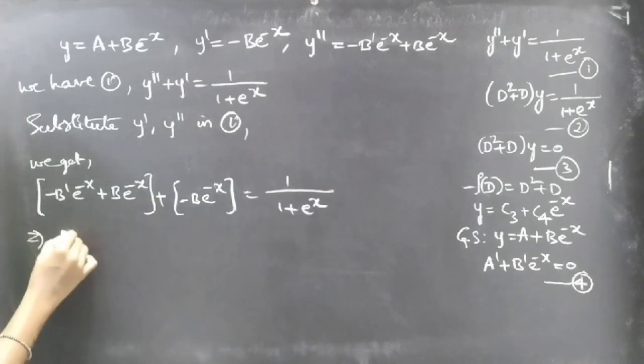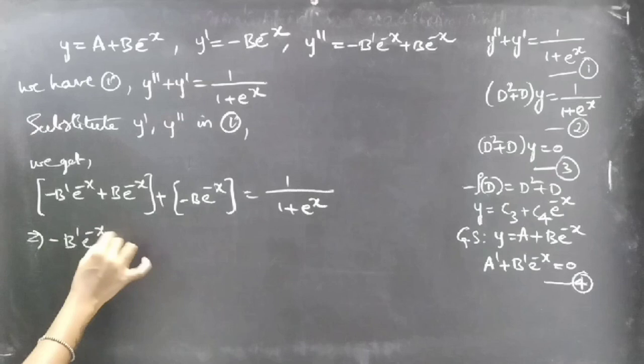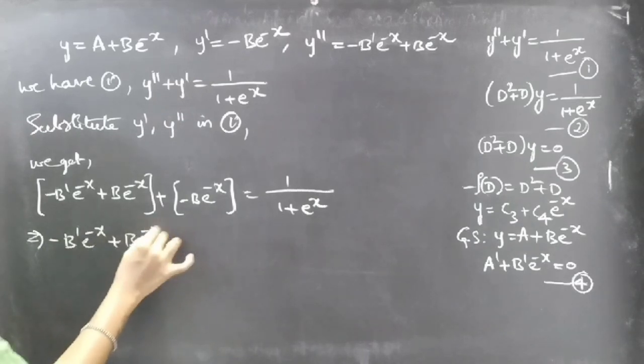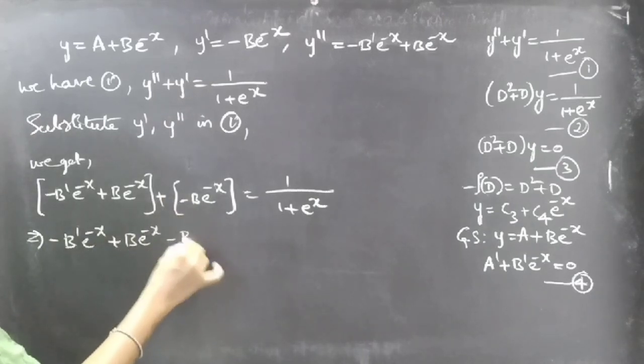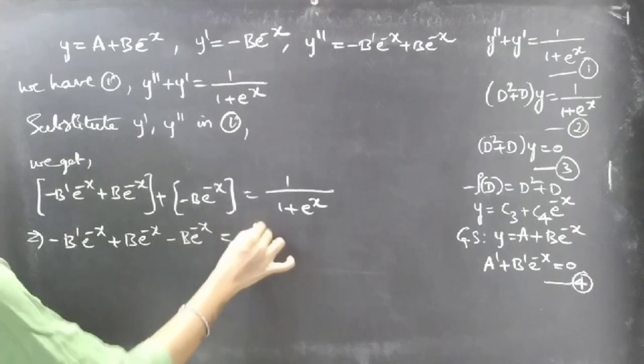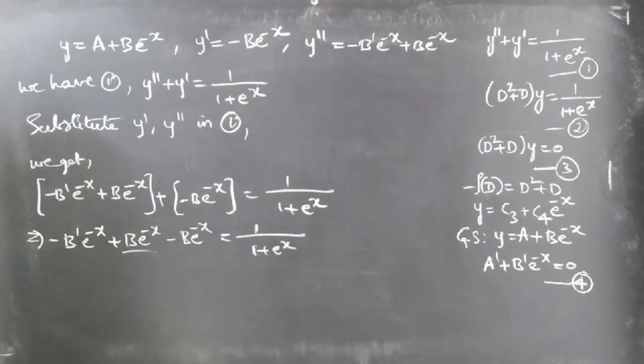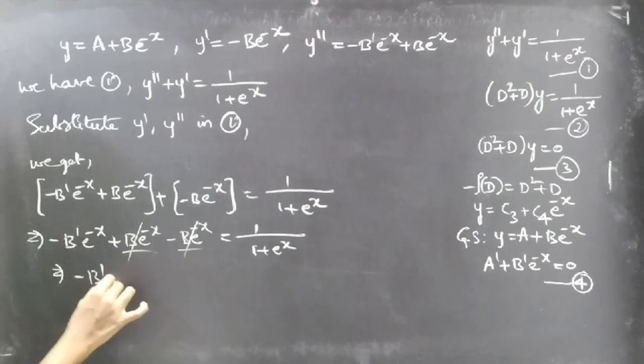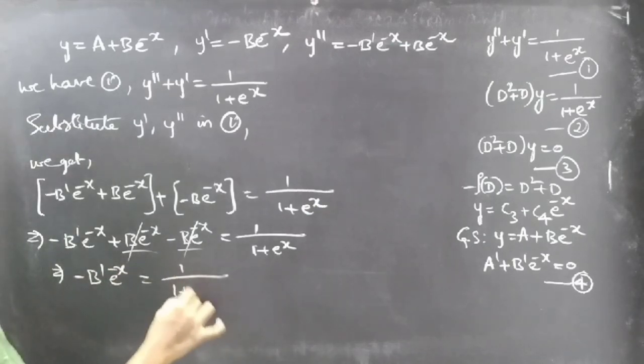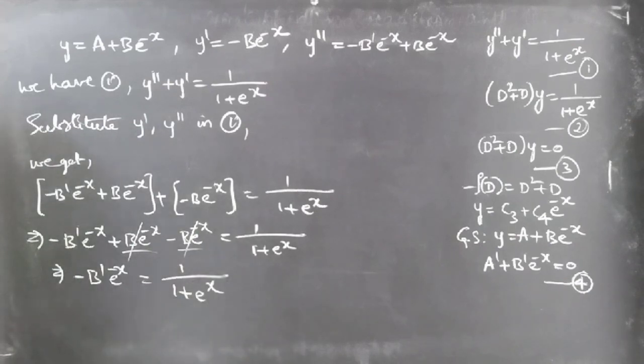This gives us minus b dash e power minus x plus b e power minus x plus into minus minus b e power minus x equal to 1 by 1 plus e power x. So here plus b e power minus x minus b e power minus x gets cancelled, and from this we'll get minus b dash e power minus x equal to 1 by 1 plus e power x.